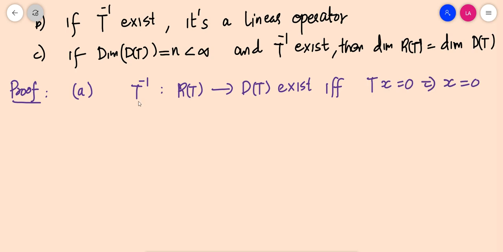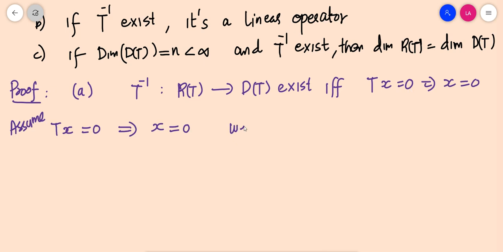So we have to prove that if T inverse exists, then T(x) = 0 implies x = 0, and if T(x) = 0 implies x = 0, then T inverse also exists. So first assume that T(x) = 0 implies x = 0. So we assume that.